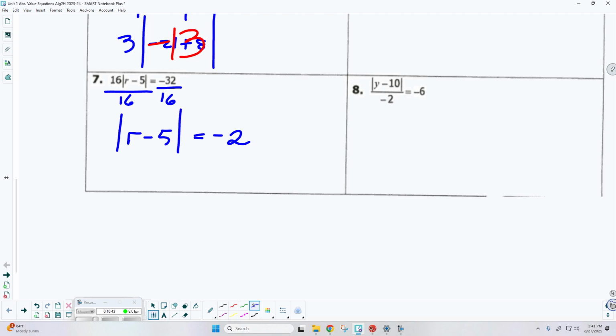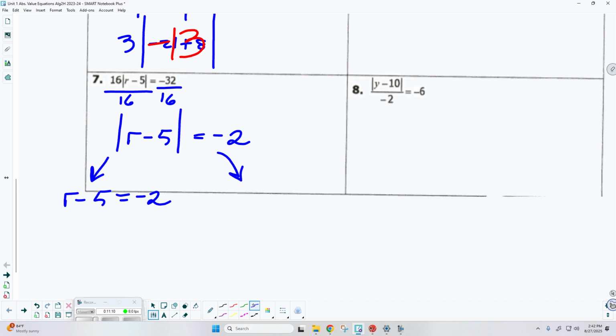Okay. The absolute value is by itself. What do I do? Make 2 equations. Okay, what's the first one? In the first equation, all I lose are the what? The bars. Get rid of the bars. So my first equation is going to be r minus 5 equals negative 2.